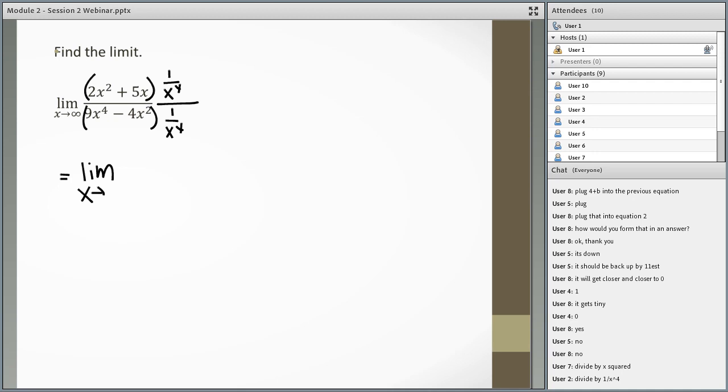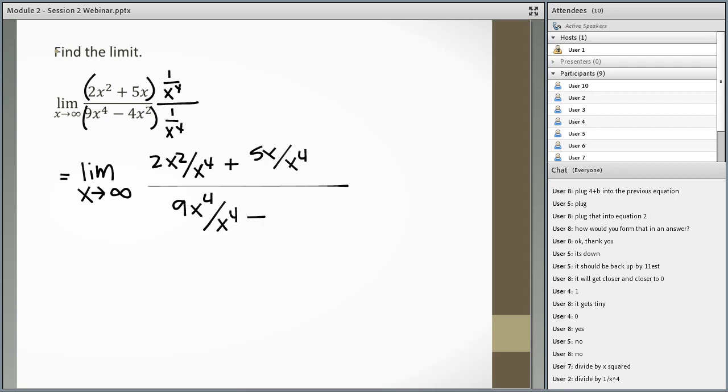So I have the limit as x approaches infinity of 2x squared over x to the fourth, and you don't necessarily have to write this step, just mostly writing it for notes, plus 5x over x to the fourth over 9x to the fourth over x to the fourth minus 4x squared over x to the fourth.